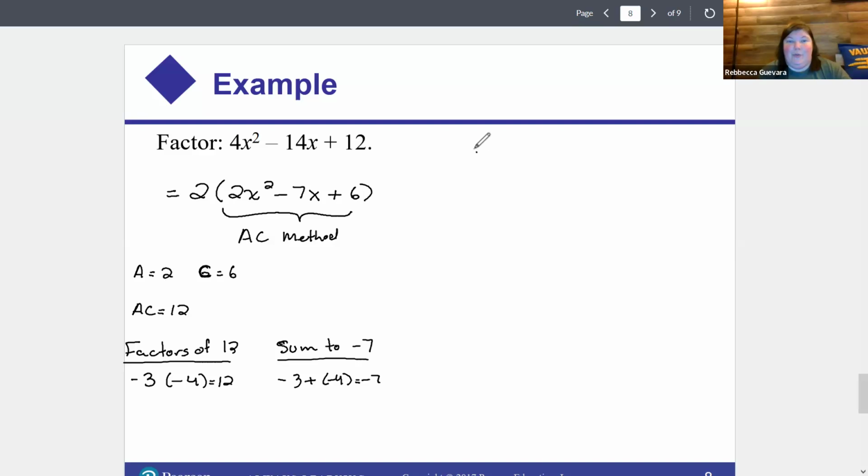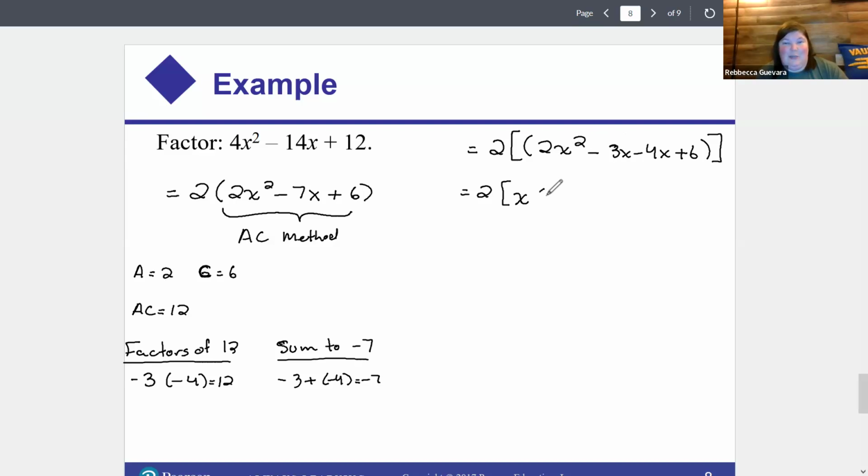Okay. So we have that 2 is still there. We can kind of ignore it. But what we're going to have is 2x squared minus 3x minus 4x plus 6. Like I said, it doesn't matter which way we do it. We're mostly going to ignore this 2 again, so I'm going to put brackets around this as I do it. What can I pull out of 2x squared minus 3x?